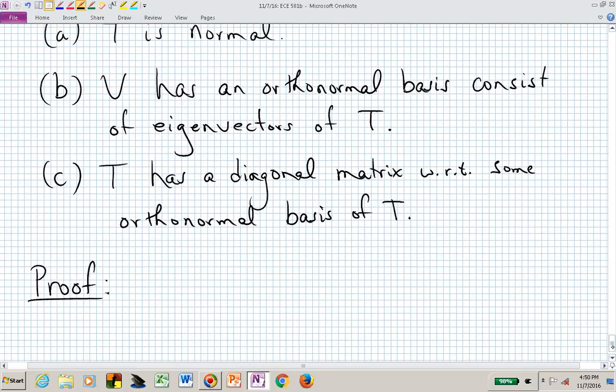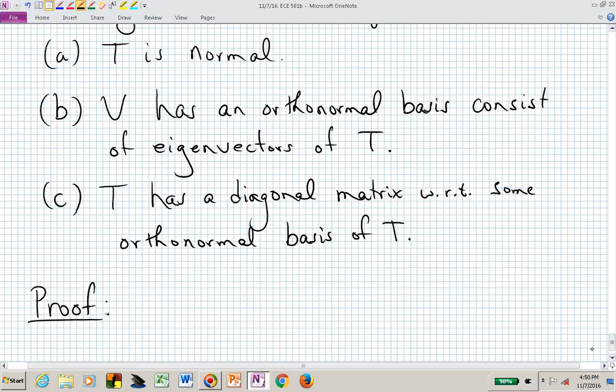If we have three statements that are supposed to be equivalent, what's one way of showing that? We could show A implies B, B implies C, and C implies A, right?